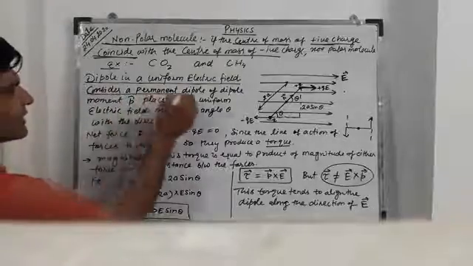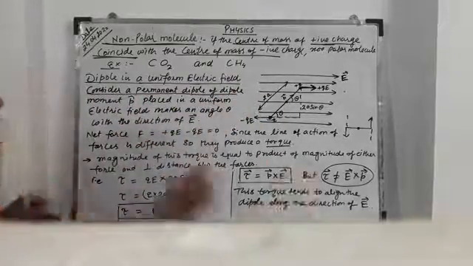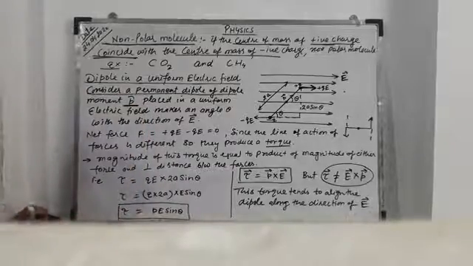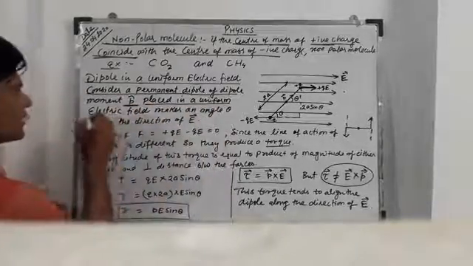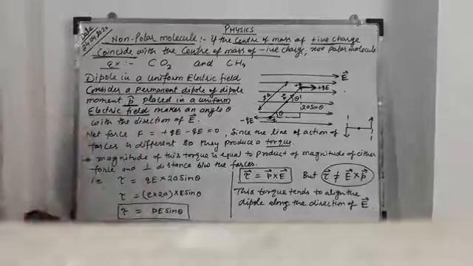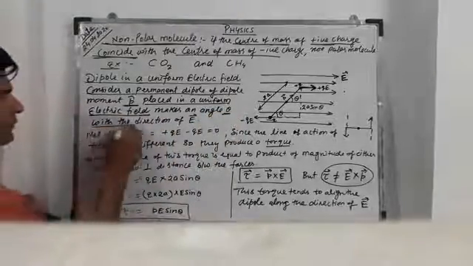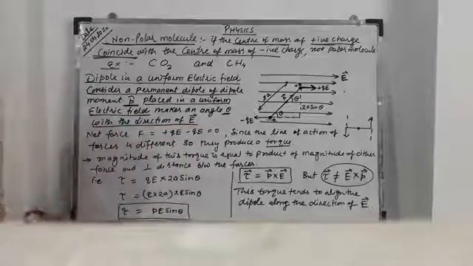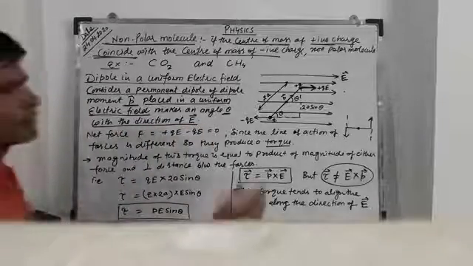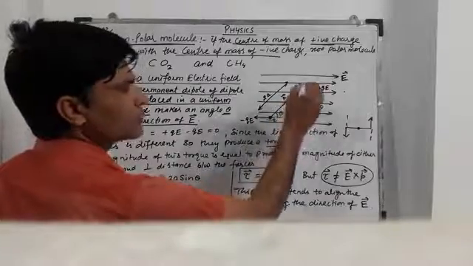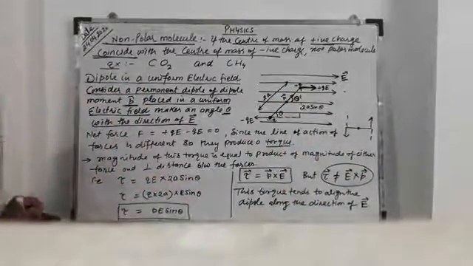So, consider a permanent dipole of dipole moment P placed in a uniform electric field, making an angle theta with the direction of the electric field. You can see from the diagram.